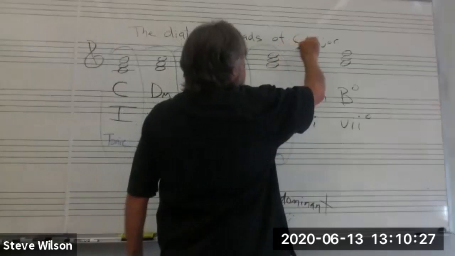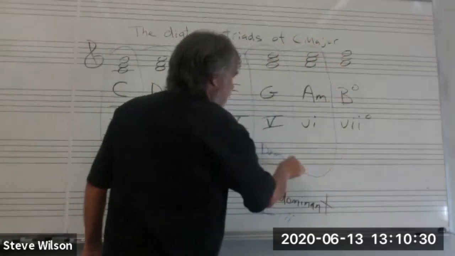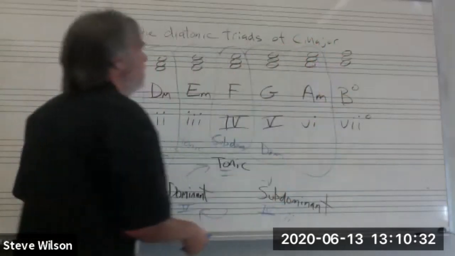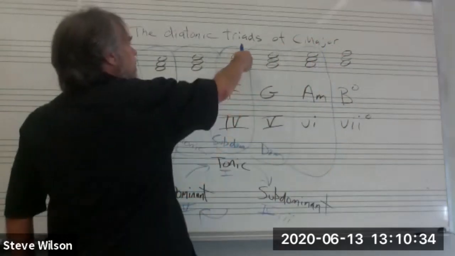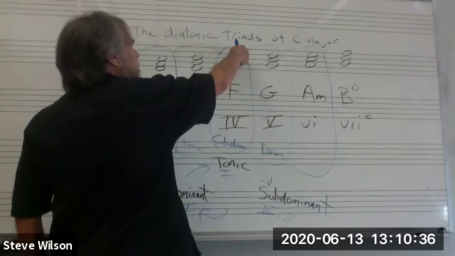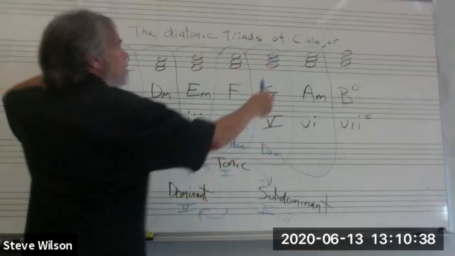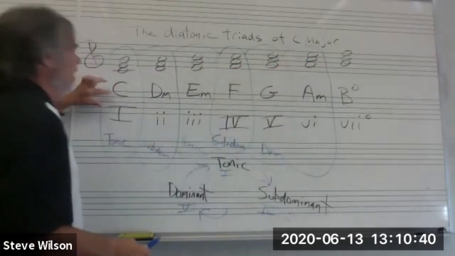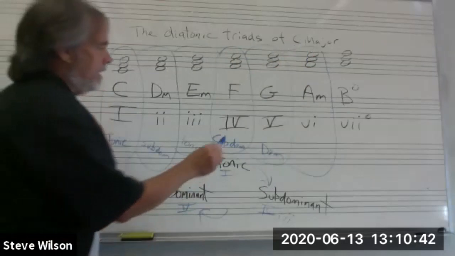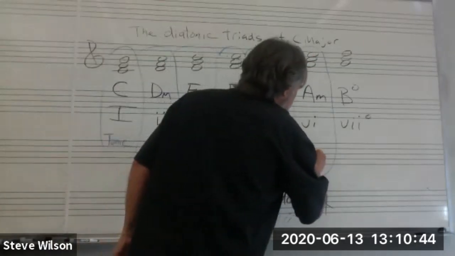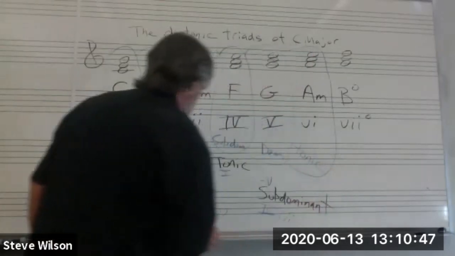Now, A minor, A-C-E, has two of the notes of F major, but it also has two of the notes, C and E, of C major. And in fact, it is a tonic substitute as well.